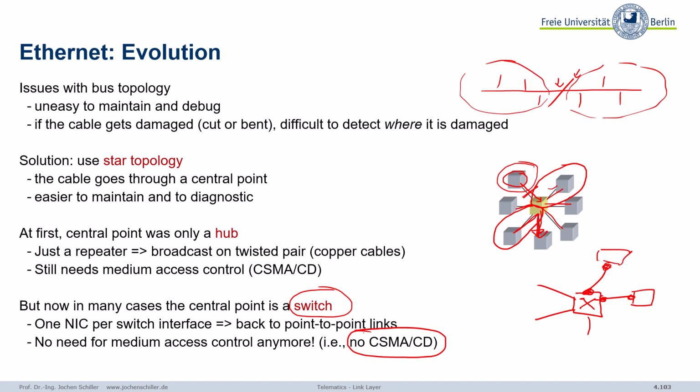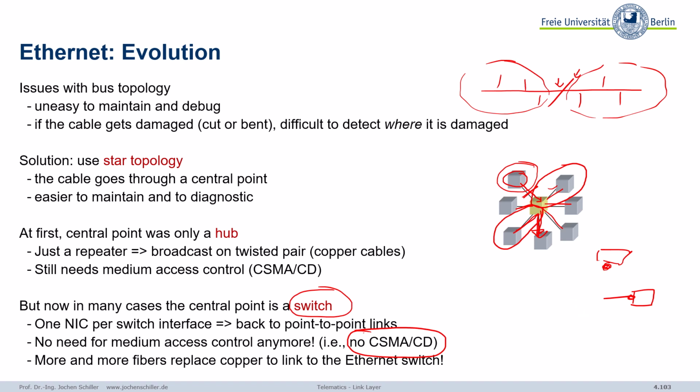So this is why today we don't need this, and also today we replace copper with fibers depending on the distance. So there's copper, as we learned in the last chapter, for certain distances, for higher data rates, up to 30 meters, yes, copper. But then depending on the topology, the distance and data rates we want to achieve, we may go to fiber.